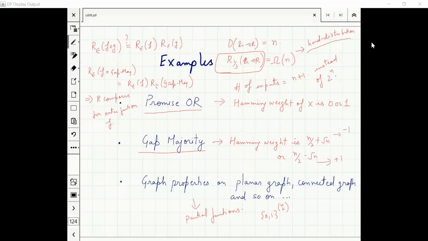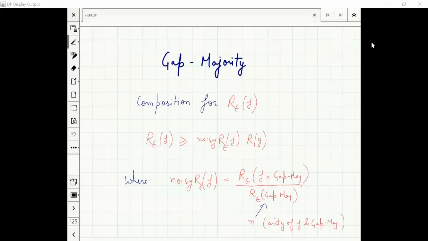But my point is, in all these cases, you will be dealing with partial functions. So I have to introduce a new quantity, but ultimately what I wanted to say was that the composition question for R epsilon basically depends on whether it composes with gap majority or not.